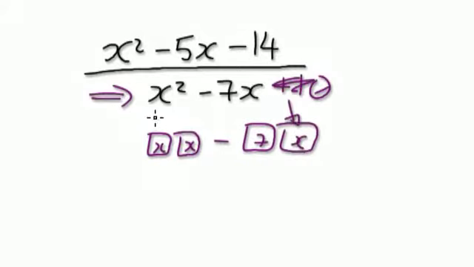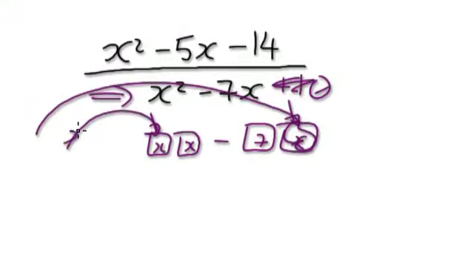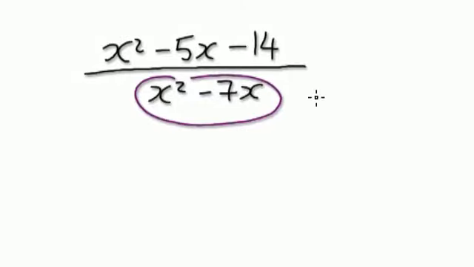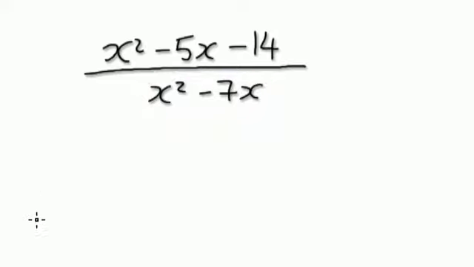What's in common? An x and an x. You can actually take these two out. It's easier to factorize when you don't have a constant at the end like this. Do whatever you have to do. Simplify this fraction. Press pause and have a go.